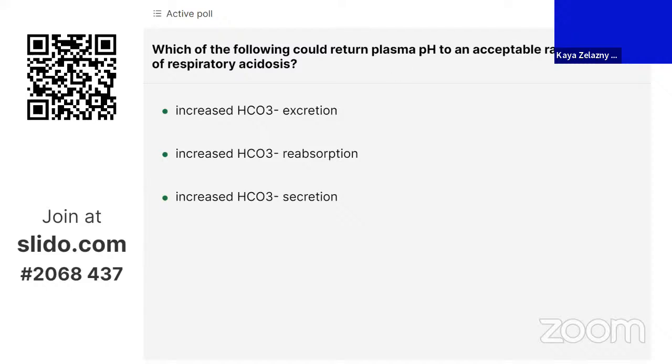What might you do if you wanted to fix that? So if you want to put the pH back to normal, and you're going to do it with the kidneys, what would you do with your bicarbonate ions?